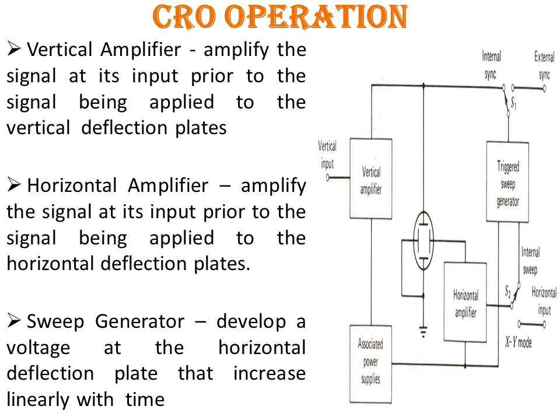And horizontal amplifier amplifies the signal before it is applied to the horizontal deflection plates. And the sweep generator, as I told you already, generates the sawtooth or ramp signal which will cause the horizontal deflection plate to deflect the beam.